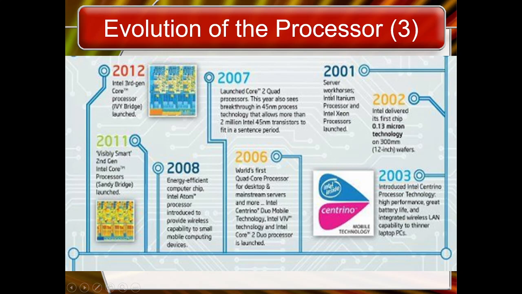Then in 2001 server workstations, 2002 Micron technology, 2003 Centrino, 2006 quad core, then Core 2 Quad processors in 2007. We have energy efficient chips, then the second generation, and then the third generation. So this is just an overview of the evolution of processors. We will be looking at it in detail in a while.